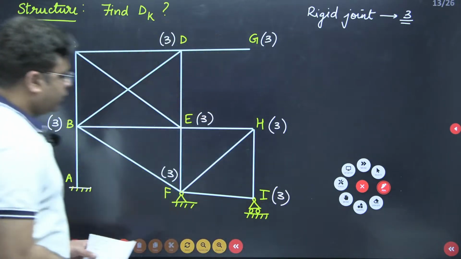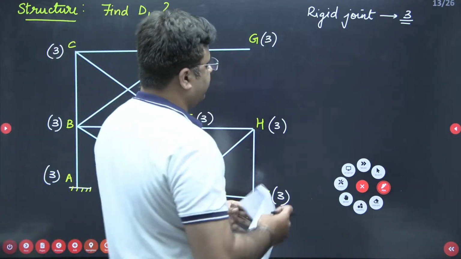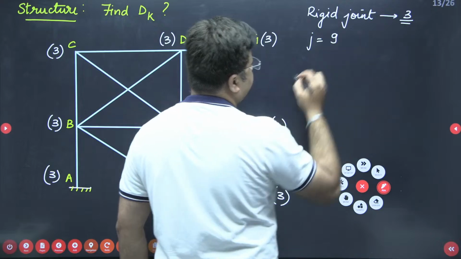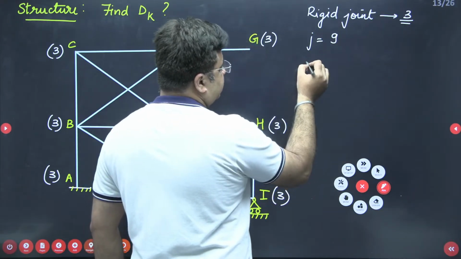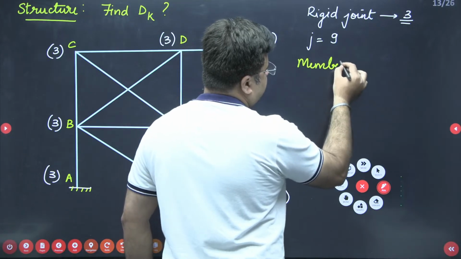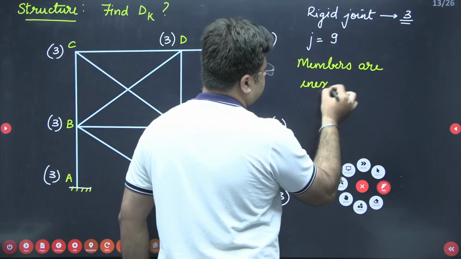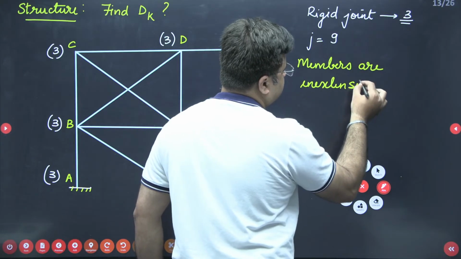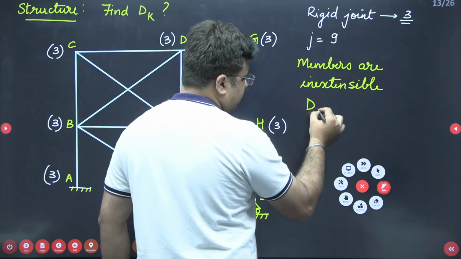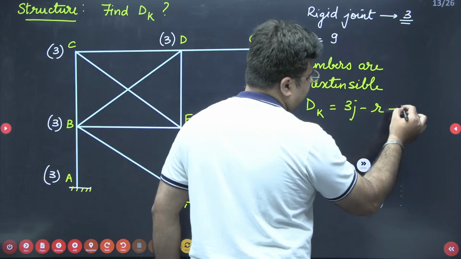Okay, so the number of joints will be 1, 2, 3, 4, 5, 6, 7, 8, 9. So the number of joints is equal to 9. Since the members are inextensible, dk is equal to 3j minus r minus m.